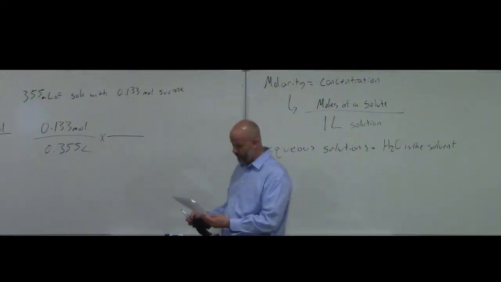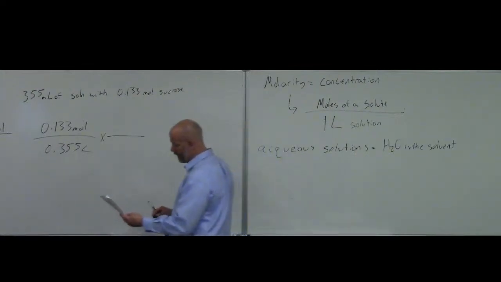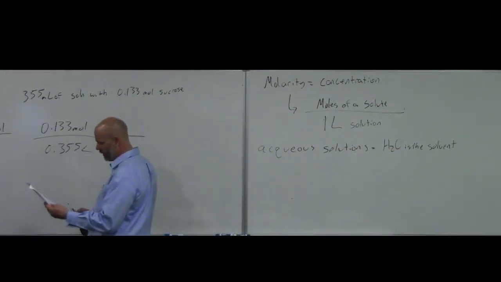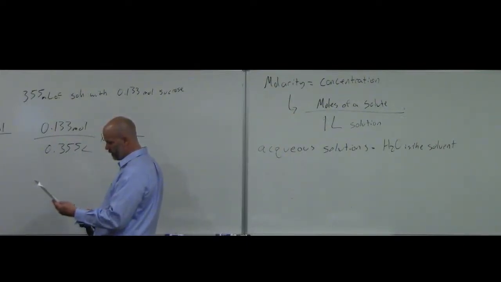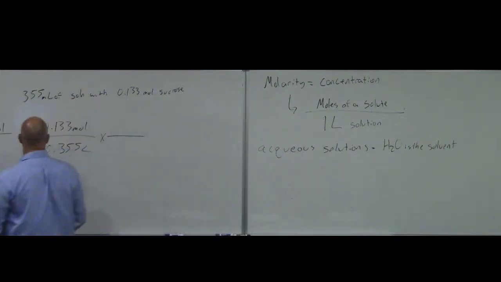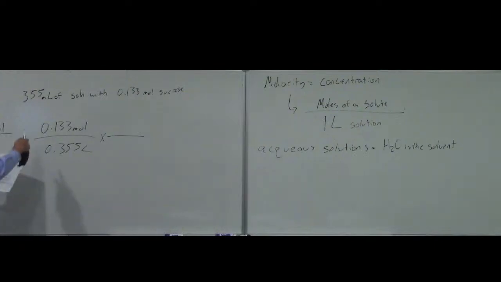All right. I've got 355. Give it to me in molarity. So, 355 milliliters of a soft drink, and that 355 milliliters contains 0.133 moles, right?